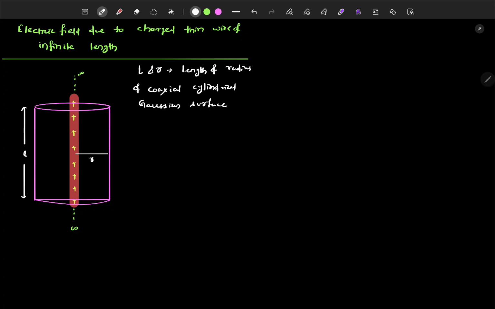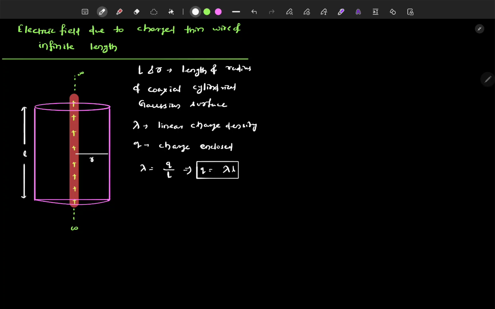Let lambda be the linear charge density and Q be the charge enclosed. So we can write lambda is equal to Q by L, which implies Q enclosed is equal to lambda into L.